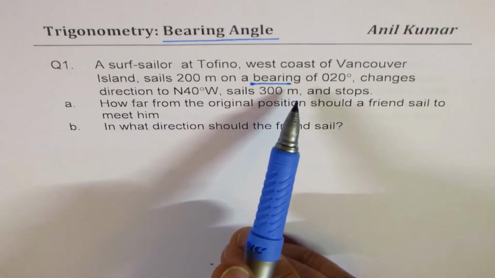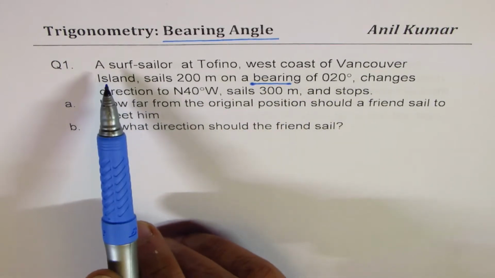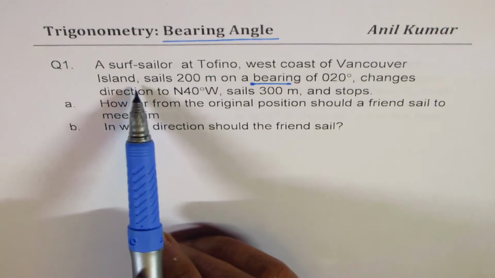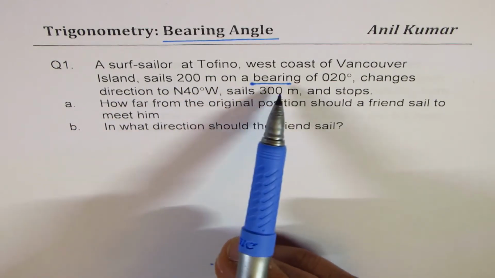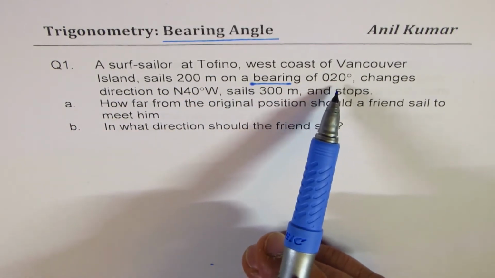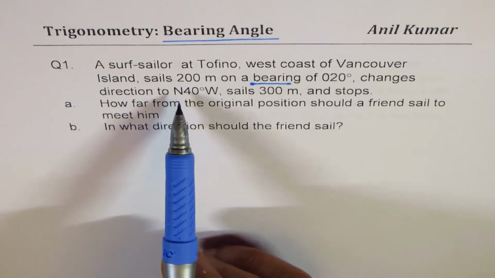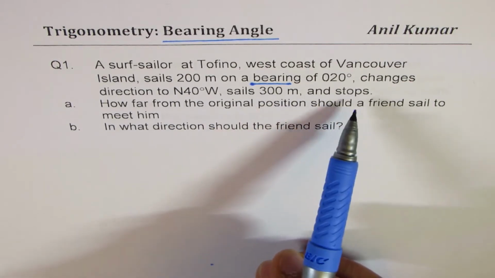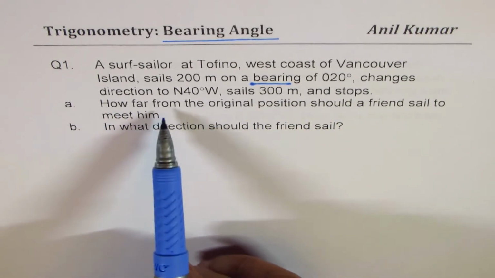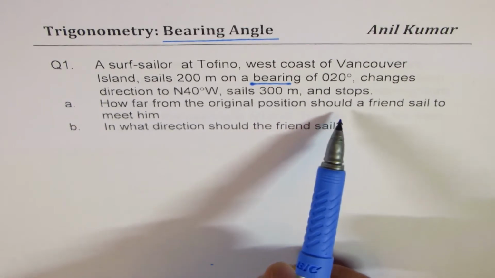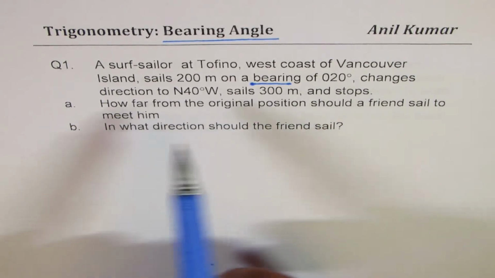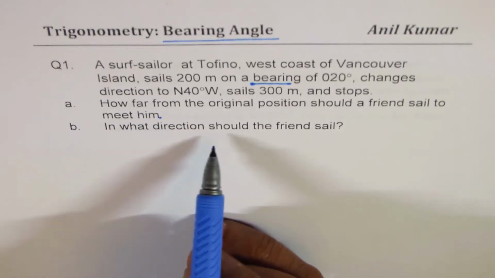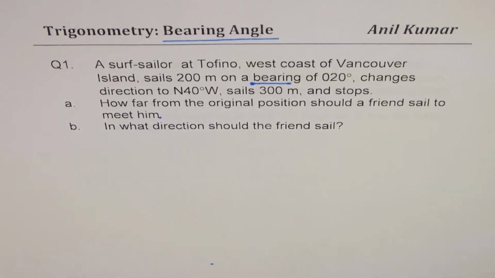The statement is, the sailor changes direction to north 40 degrees west, sails 100 meters and stops. How far from the original position should a friend sail to meet him? And part B is, in what direction should the friend sail?